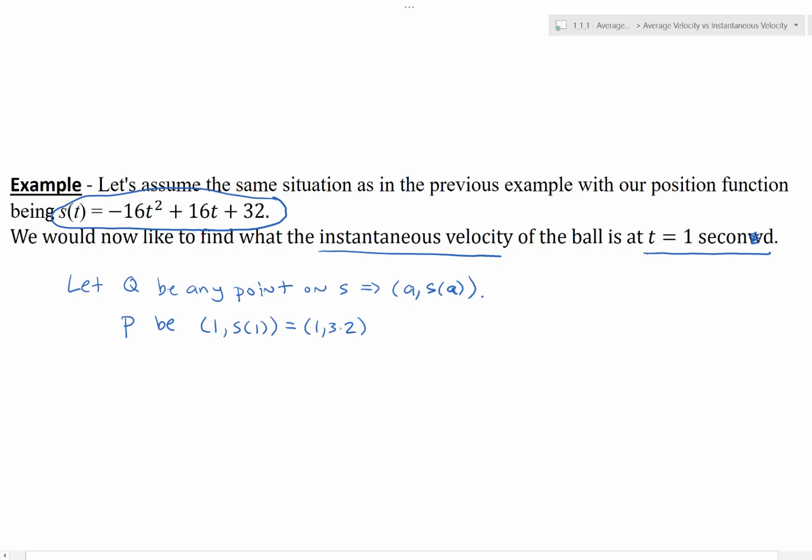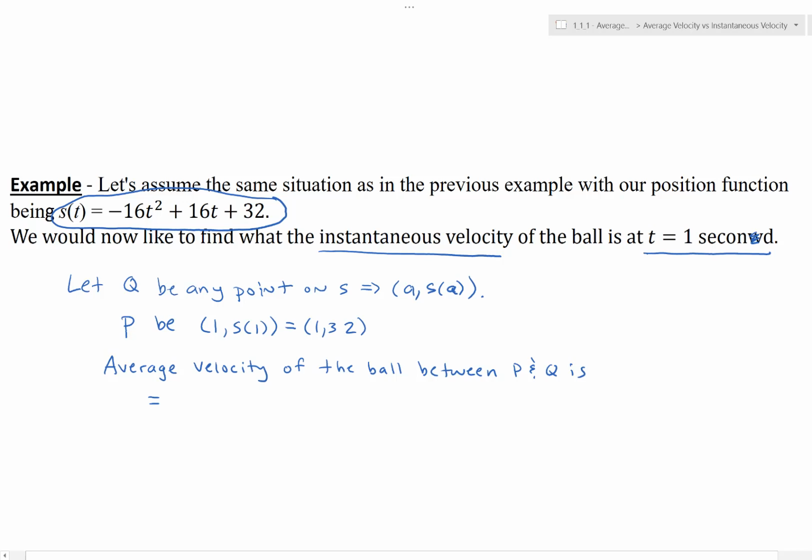So we have the point P, which is fixed, this point of interest. We have the point Q, any point on s. Then we could discuss, for any point on s, what the average velocity is between point Q and P. It follows that the average velocity of the ball between P and Q is, well, just compute it.